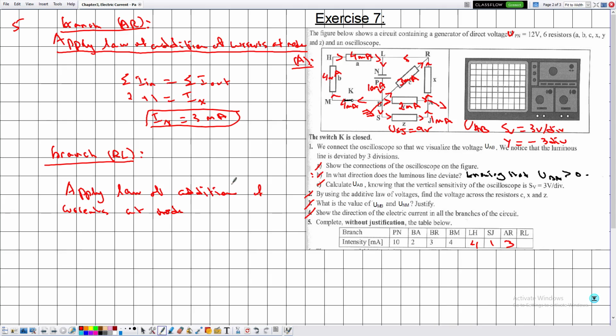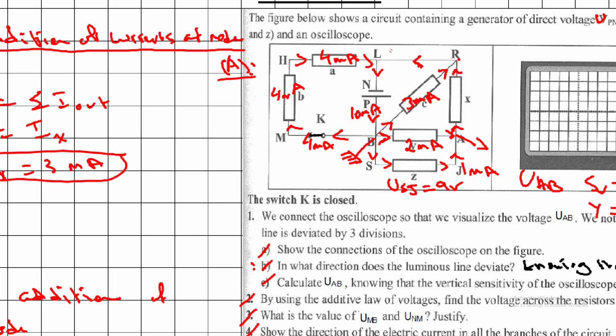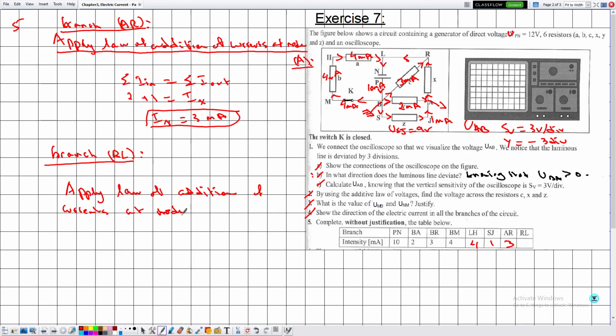We can either apply it at node L or R, but say for example R. Then summation of I in is equal to summation of I out.